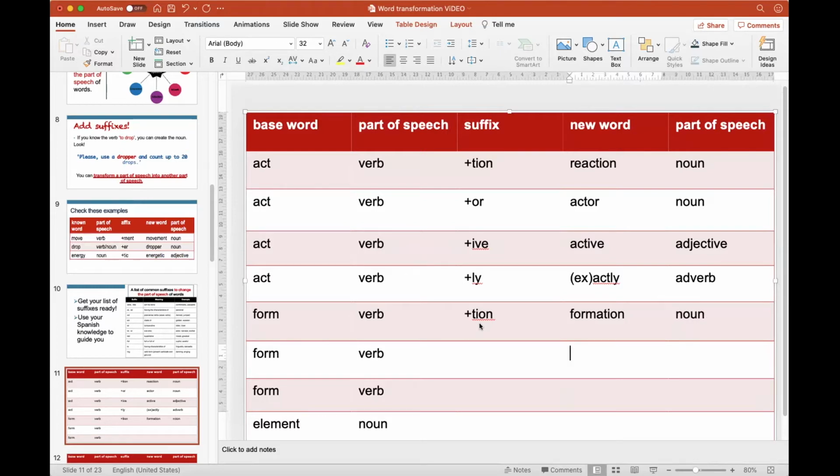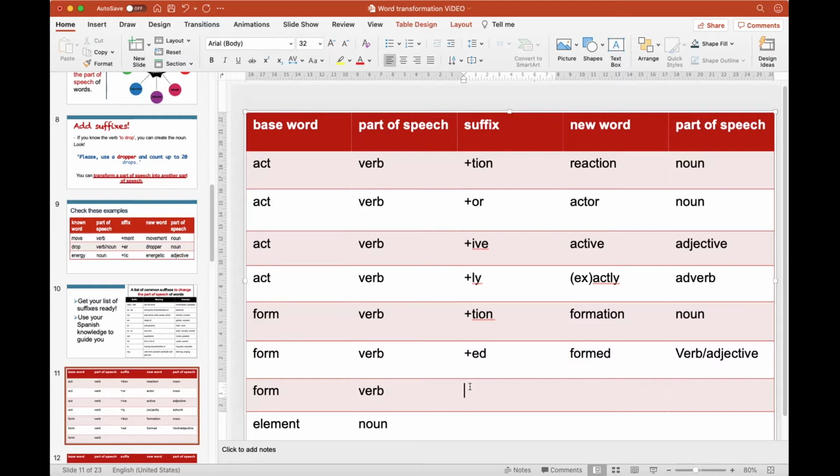Another one with form. We can add ed and get the verb in past tense. Yes, excellent. And is formed a verb? Yes, and also an adjective. Formado. Yes, both of them. Thank you very much. Another one.